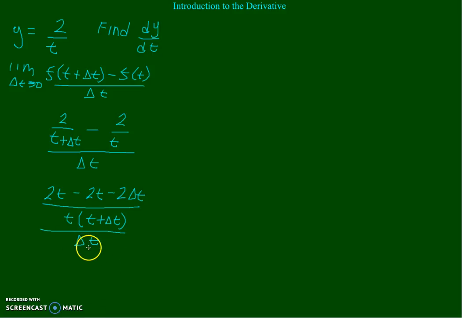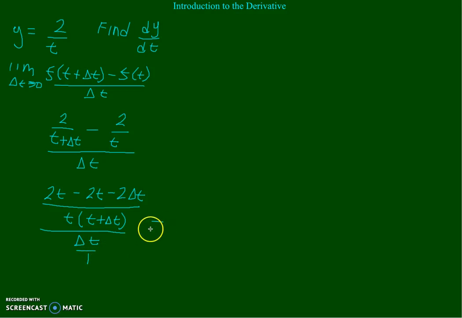Now, this delta t down here is delta t over 1. So I can change this division to multiplication by taking the reciprocal of my denominator.